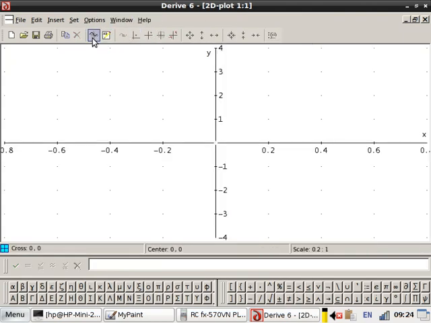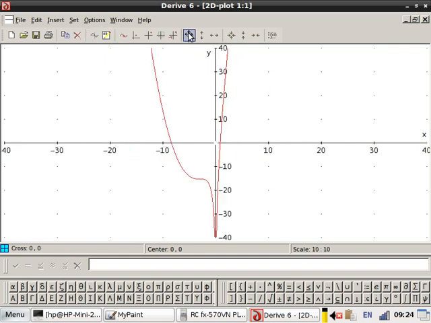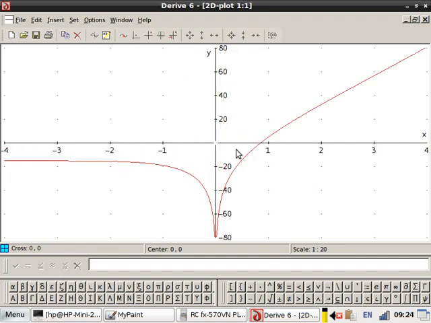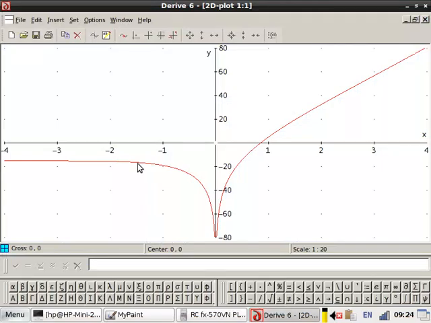Let me just reset and zoom out. Now, where was our turning point? Minus 3 and minus 15. So that's actually here. And we can see it does level off here.